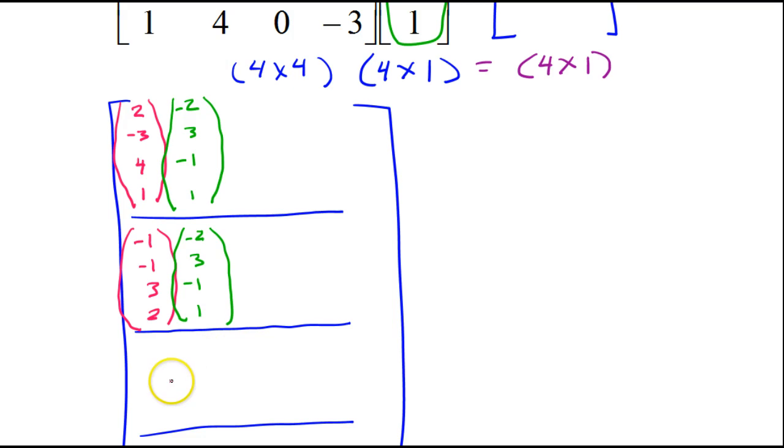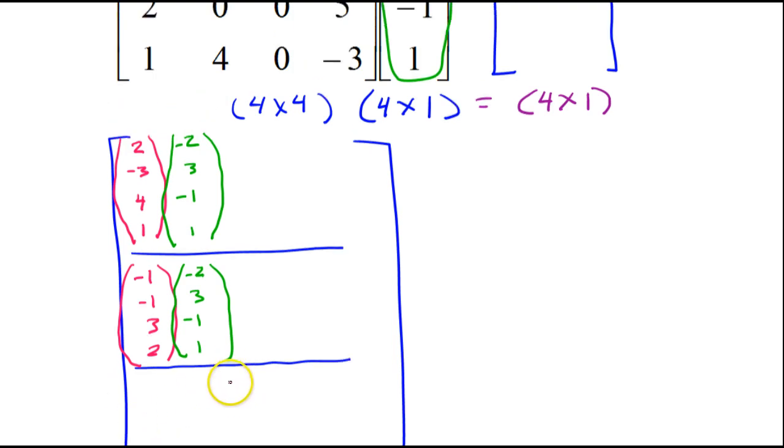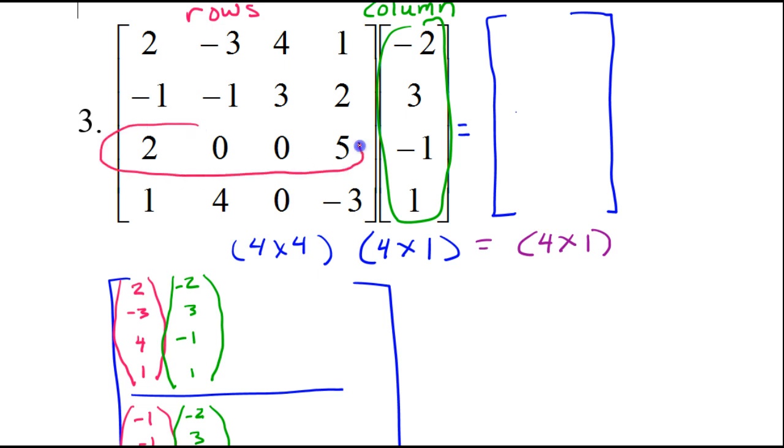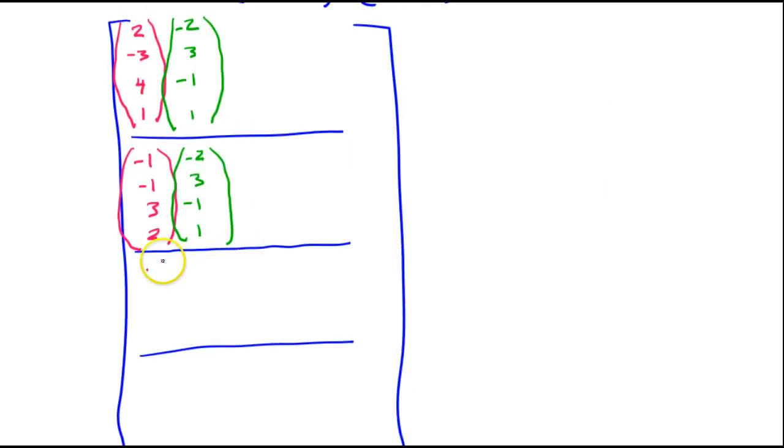All right, the next element is row 3 and column 1. Row 3 times column 1. So 2, 0, 0, 5 is row 3. That is row 3. And then still we have the same column 1, -2, 3, -1, and 1.